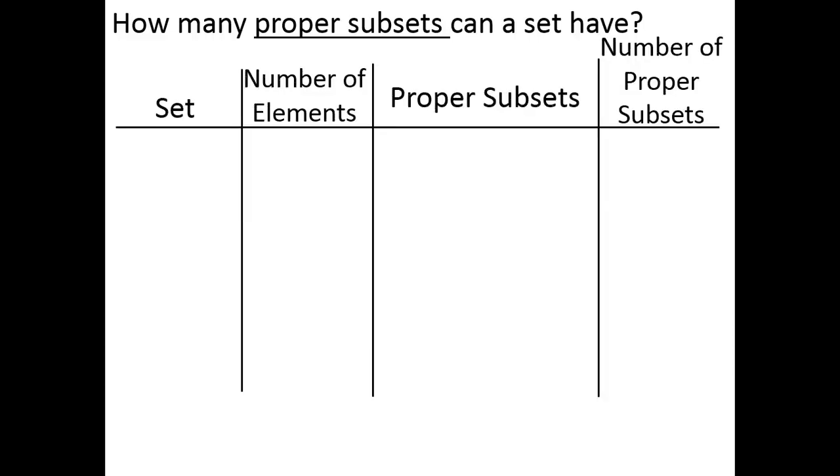So what if I wanted to know how many proper subsets a set could have? Well, I could go through this same exercise of starting off with small sets and looking for how many proper subsets it has. And remember, proper subsets cannot be equal to the original set. So if I start off with 1 element and I look for how many proper subsets it has, a set with 1 element only has 1 proper subset.